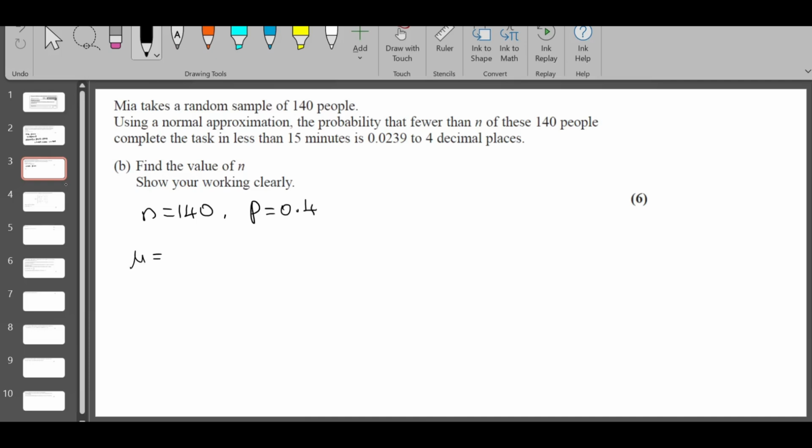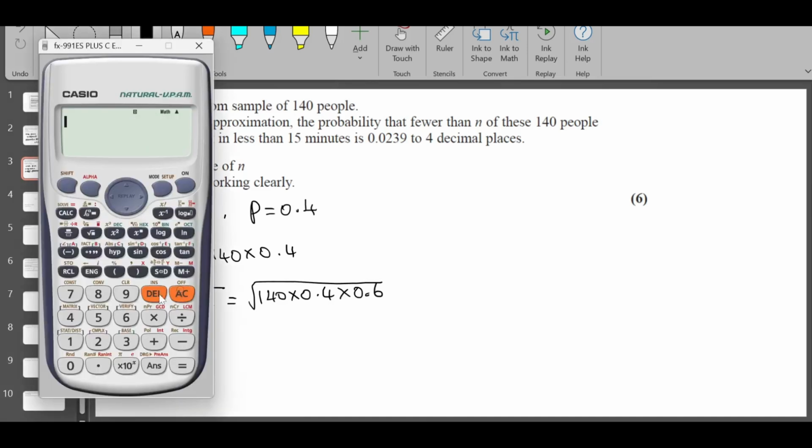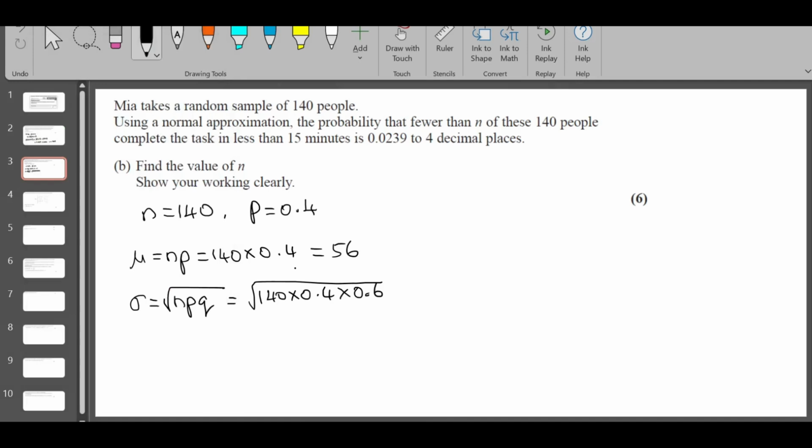So mu is np, which is 140 times 0.4. Sigma is square root of npq, where q is 1 minus p. Let's find these two. 140 times 0.4 is 56.